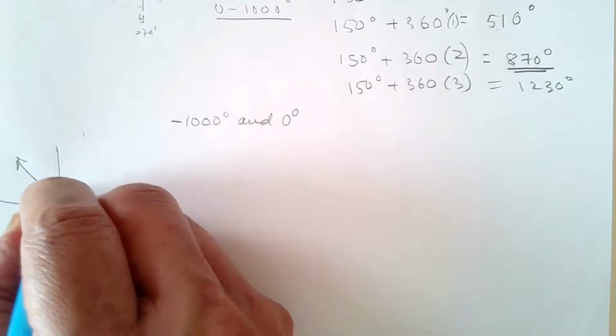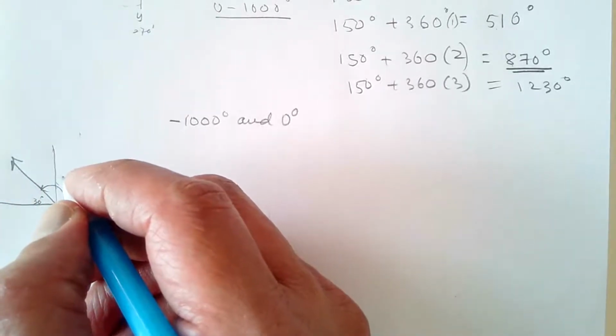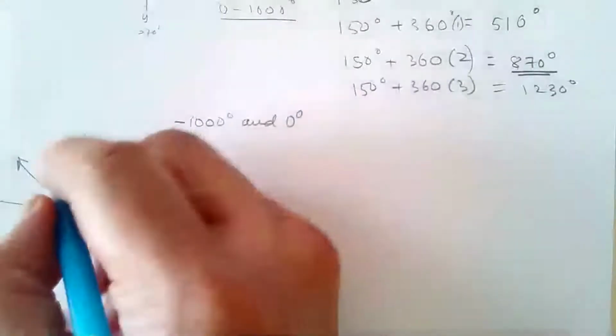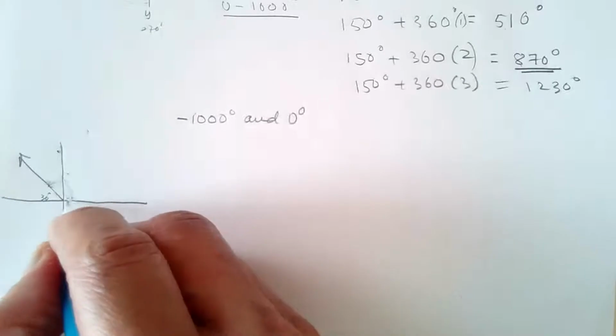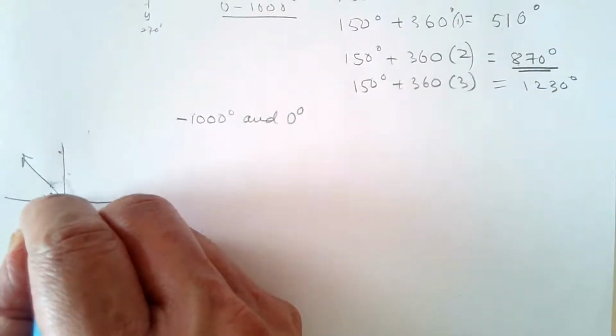That would be 150 degrees, but that's in the positive direction. We want a negative direction, so we have to go clockwise. Remember this is counterclockwise, from here to here.